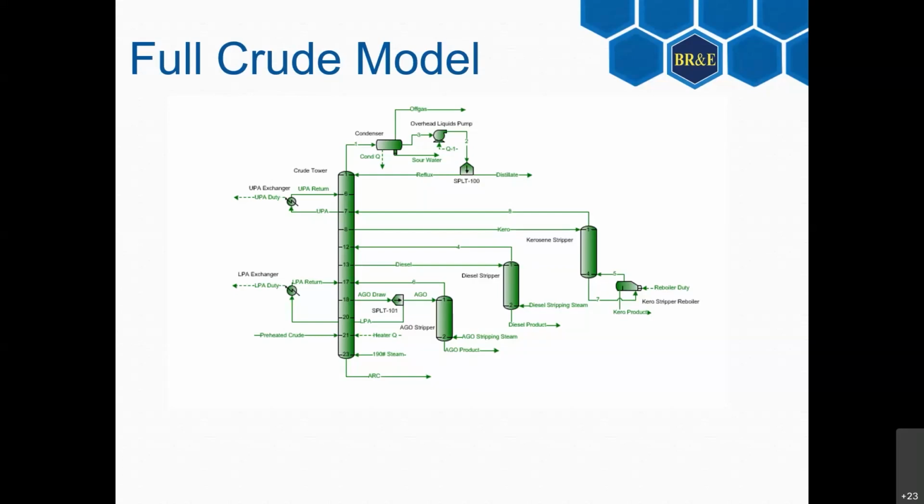So in this particular model, we're modeling a kerosene cut, a diesel cut, which is also known as distillate, and AGO for atmospheric gas oil. ARC at the bottom would be our atmospheric reduced crude, or residuum. That would then be fed typically in a medium conversion or high conversion refinery to a vacuum unit. All right.